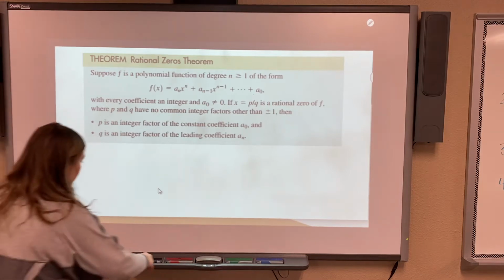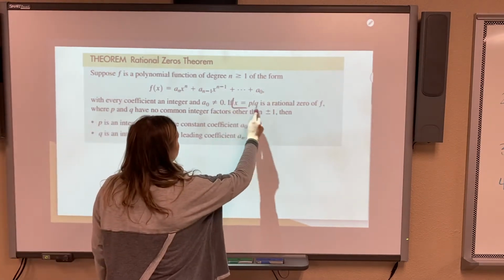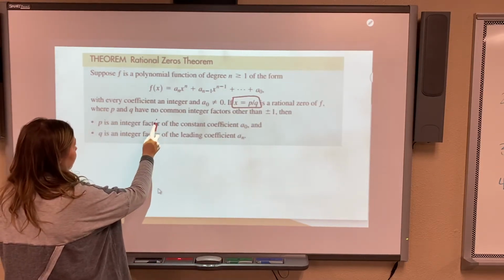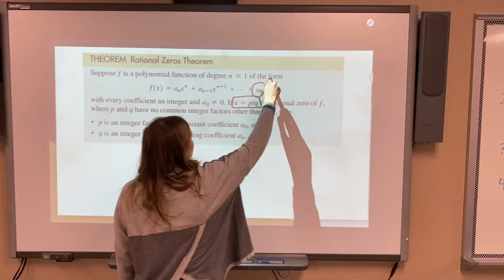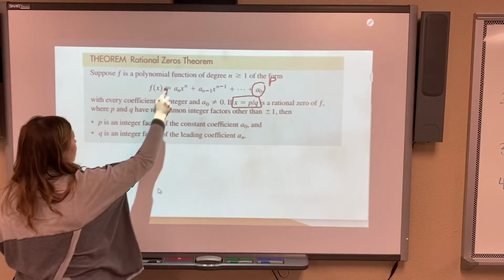So we can figure out possible zeros by looking at if x is equal to p over q, okay? So p is an integer factor of the constant coefficient a sub 0, okay? So this is p, and then q is the factors of your leading coefficient.